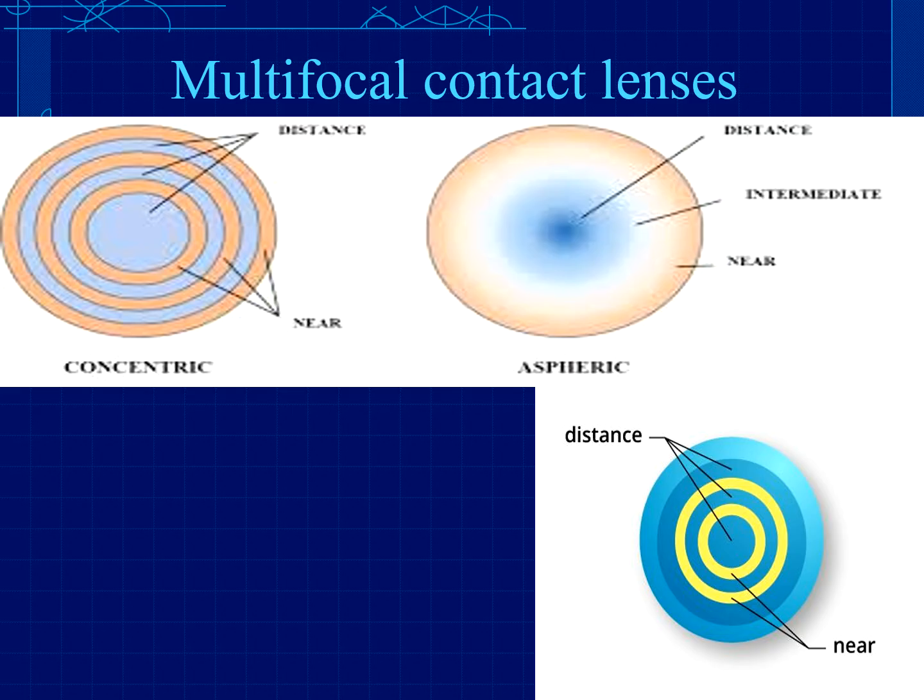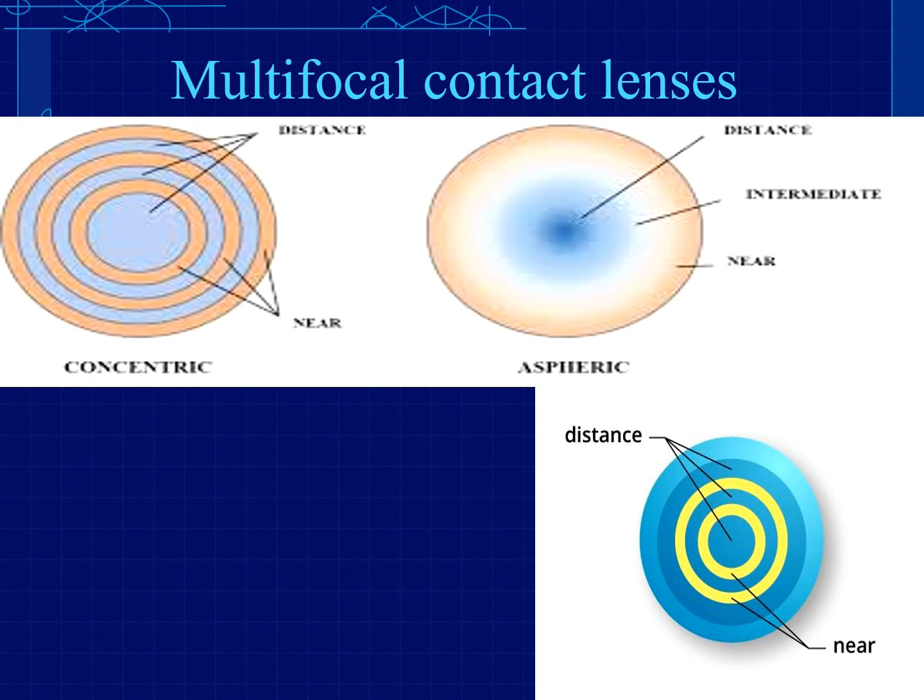The previous generation of multifocal contact lens was the concentric design. In this design, the near and far rings are located concentrically to each other. Therefore, at the same time, the far and near images would be clearly focused on the retina.